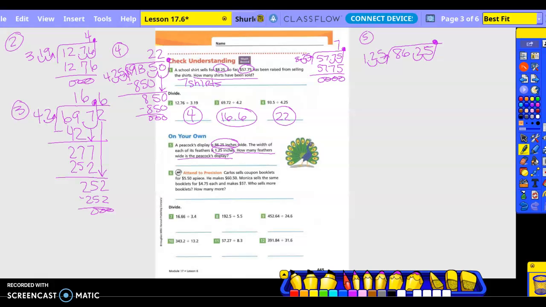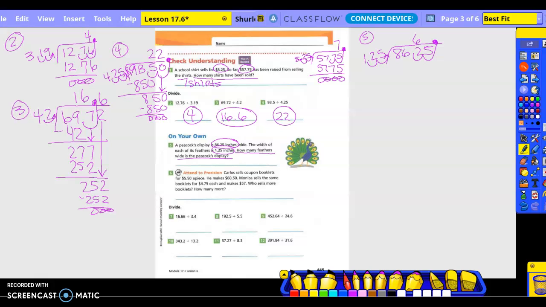Nope. 125 into 862. 7 would probably get us too much because it's 125, right? So we could probably go with 6. And then if it's not enough, can we always change it to 7? Yes. Or we could do 7 and then change it to 6 if we need to, right?